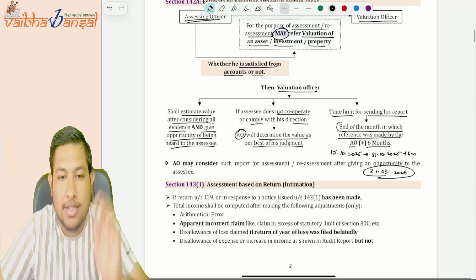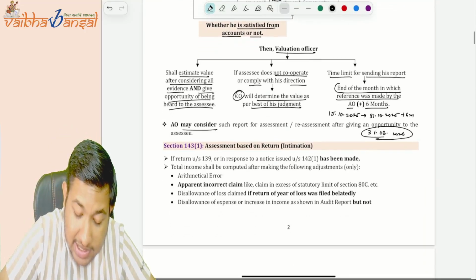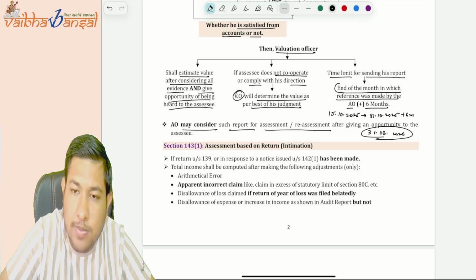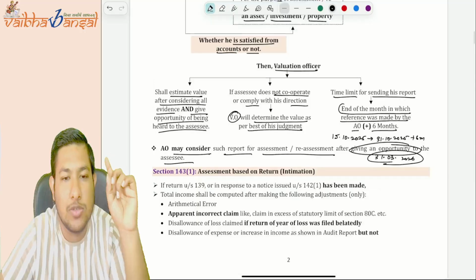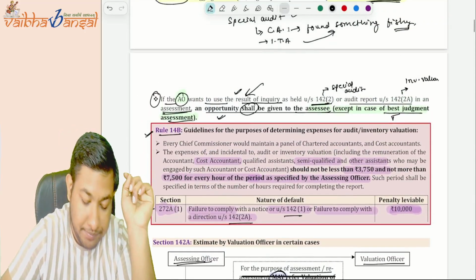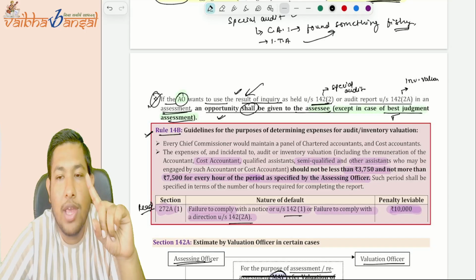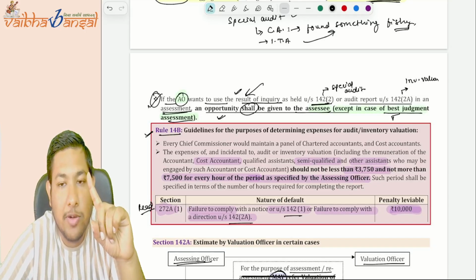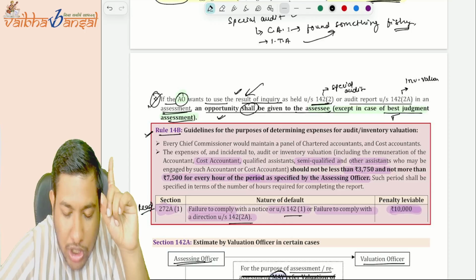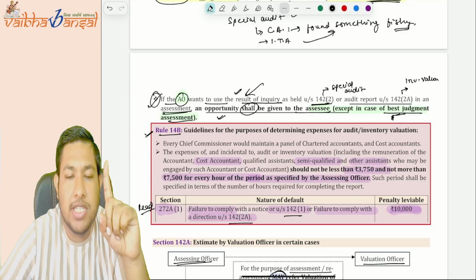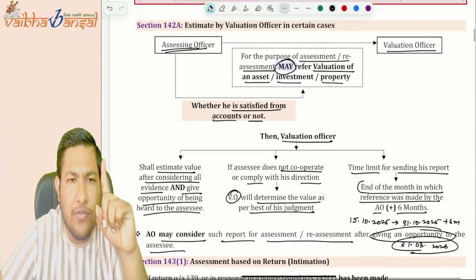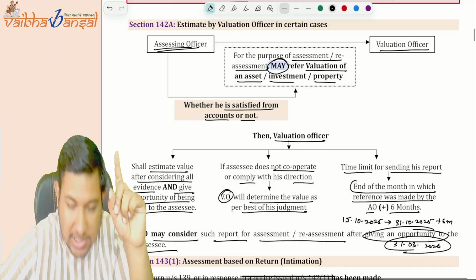Clearly tell me. Yes, the AO may consider such report for assessment and reassessment after giving an opportunity of being heard to the assessee. This is the same point as we have already seen in 142. But understand one point: in section 142, there is an exception in case of best judgment assessment, but in section 142A, there is no such exception given.